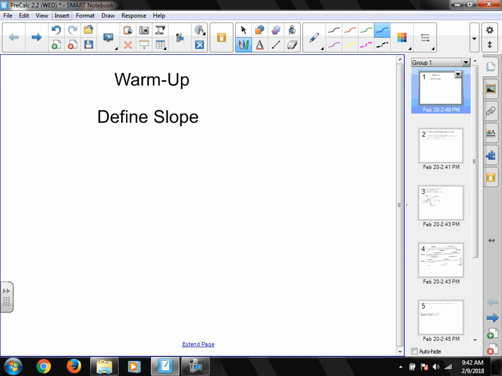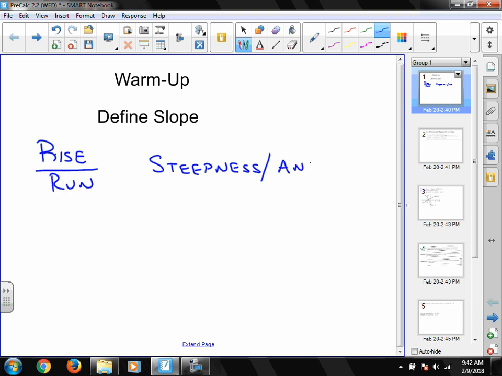Right away, everybody's most basic definition of it is going to be your rise over your run. And really what that means is you're looking at the steepness or the angle that your graph either rises or falls.